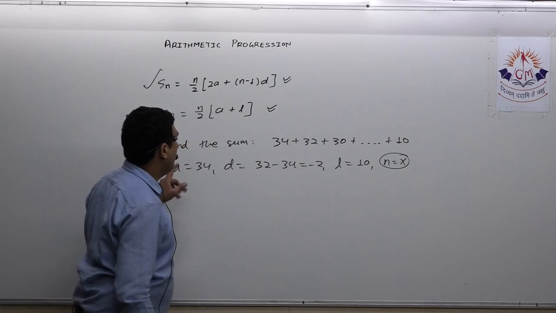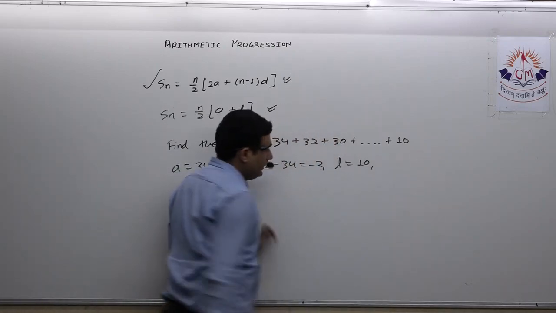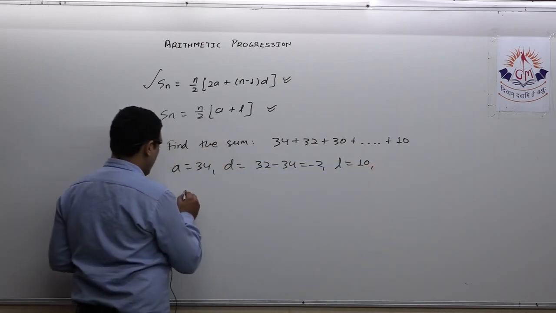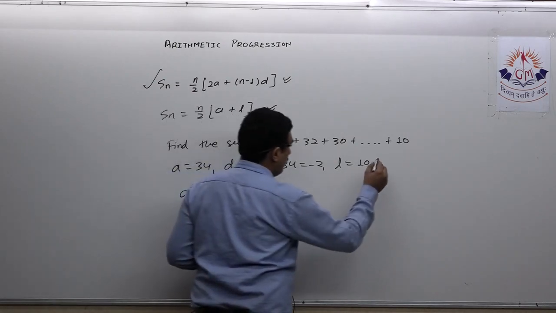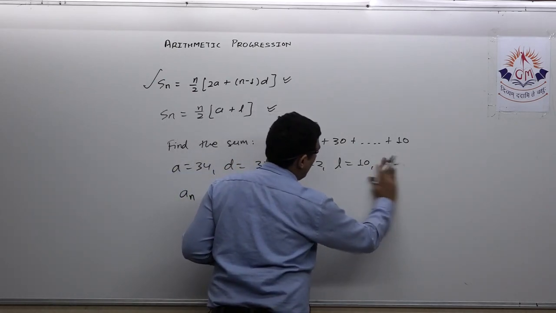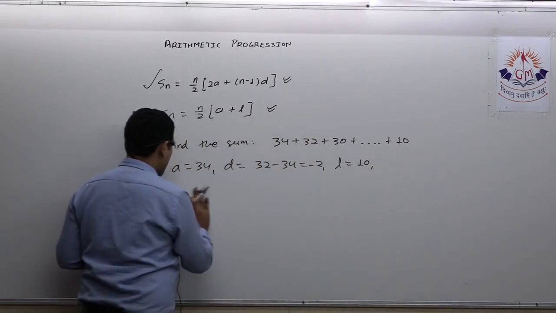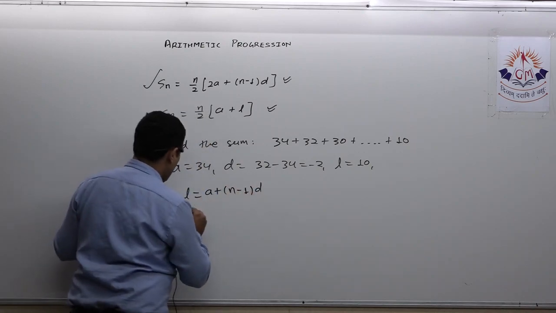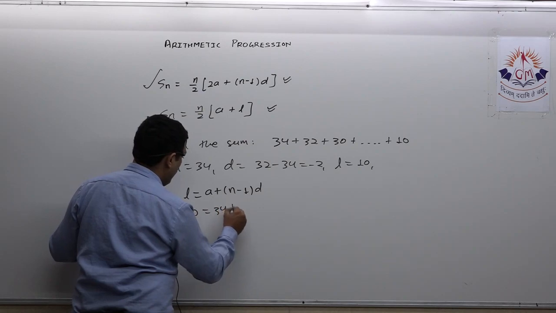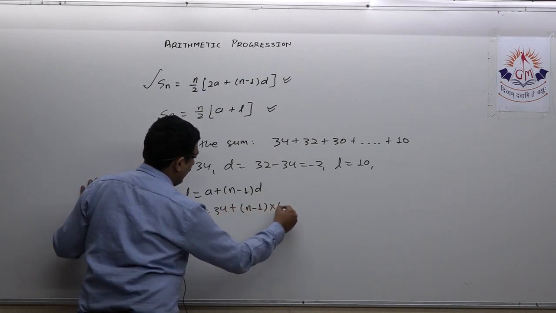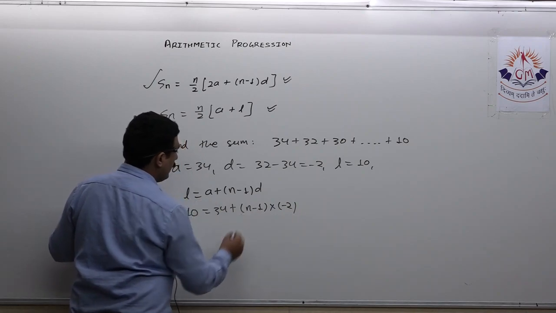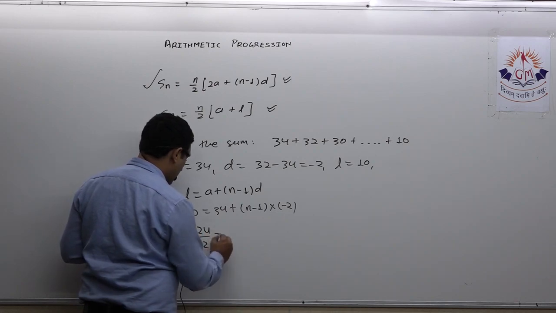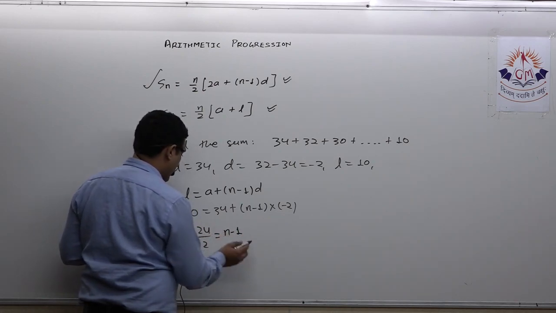So first of all we have to find n. Now how to find n, that we know. The first term is given, the common difference is given, so we can find n using the formula. The last term is given as 10. So L is equal to A plus n minus 1 into D. So 10 is equal to 34 plus n minus 1 into minus 2. Solving this, you will get the value of n. 10 minus 34 is minus 24, by minus 2 equals n minus 1, that is 12, plus 1, 13.